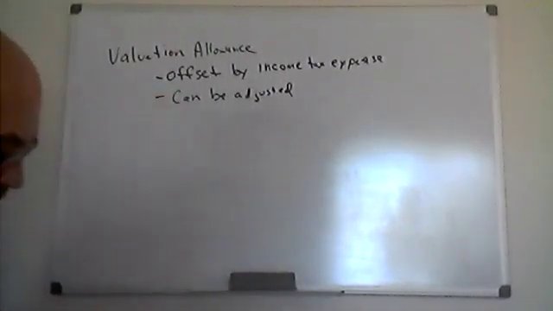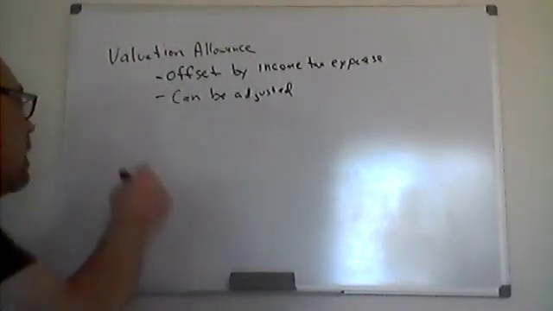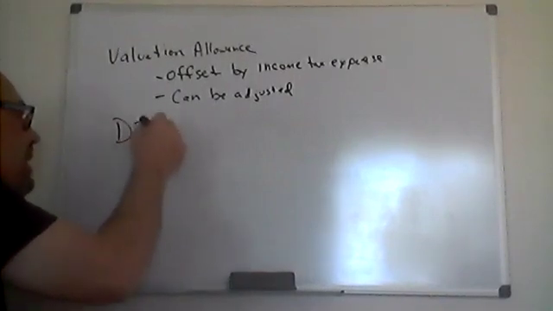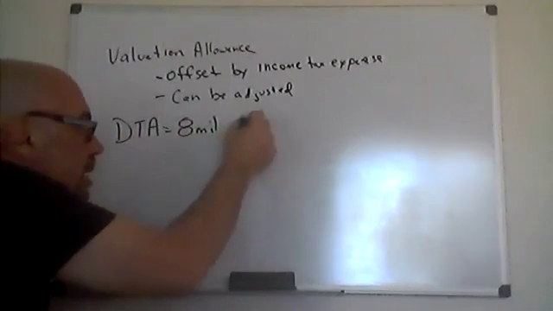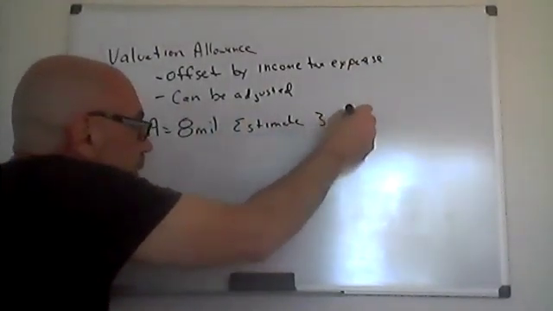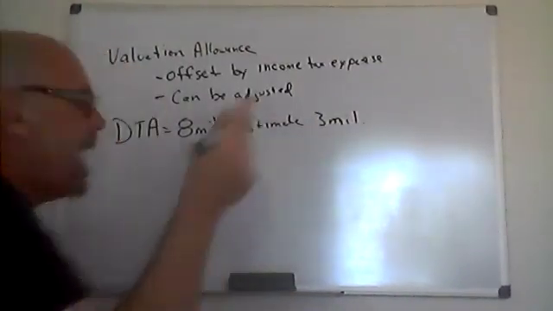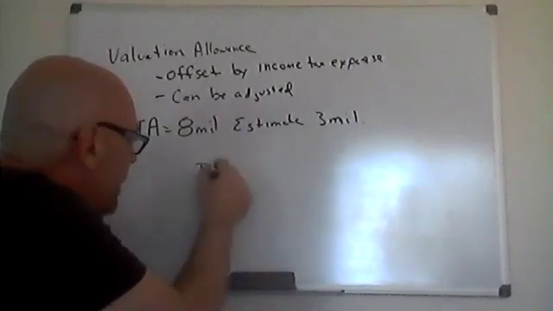All right, so just an example of this. Company has deferred tax assets equal to 8 million, and they estimate 3 million will not be realized. Go to making a journal entry.